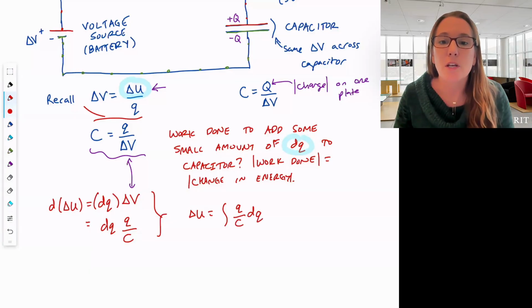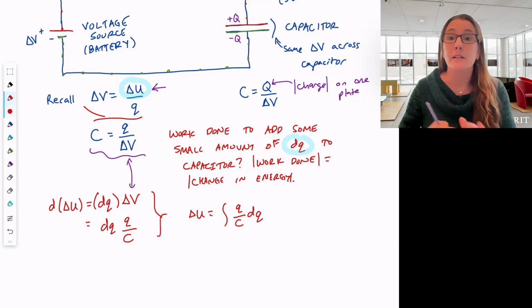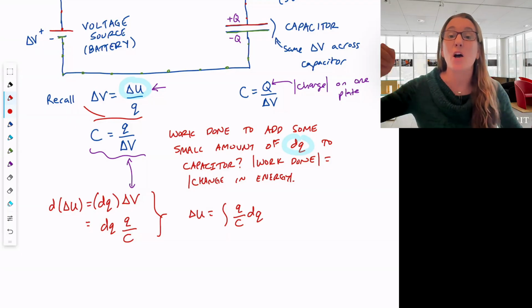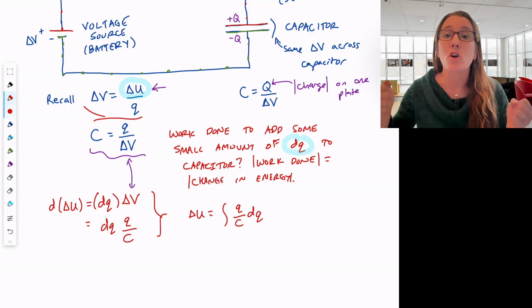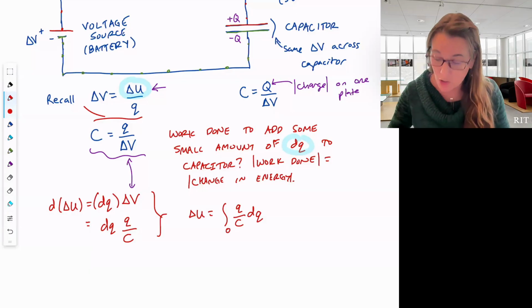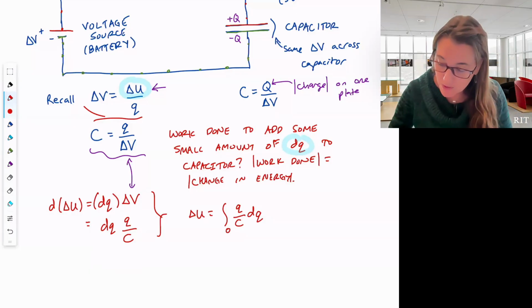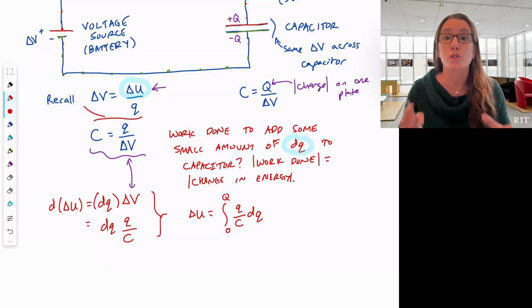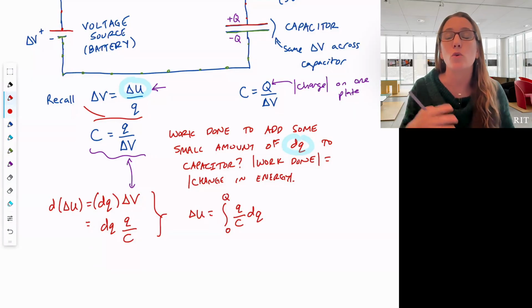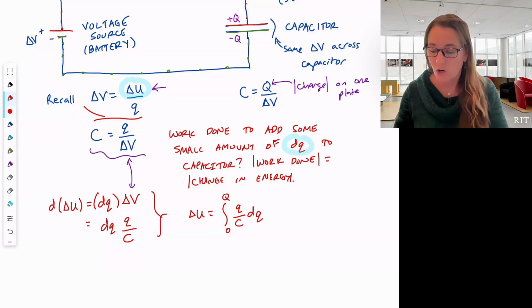And I want to integrate it from one side to the other. So I want to add up my total amount of charge that I'm going to be adding. I start with no charge, and then I add up to some capital Q charge. And then that's going to give me my total energy for some total charge Q.